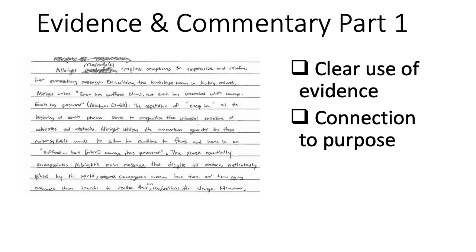Albright utilizes the momentum generated by these monosyllabic words to allow her audience to focus and hone in on suffered, but courage has persevered. This phrase essentially encapsulates Albright's main message that despite all obstacles meticulously placed by the world, courageous women have time and time again overcame them in order to realize their own aspirations for change."